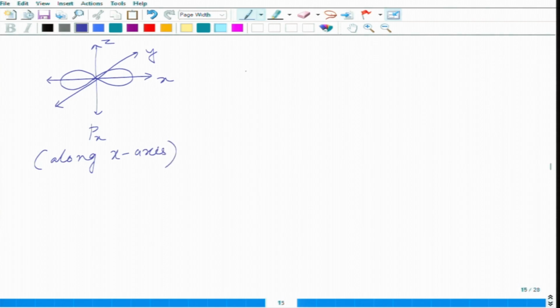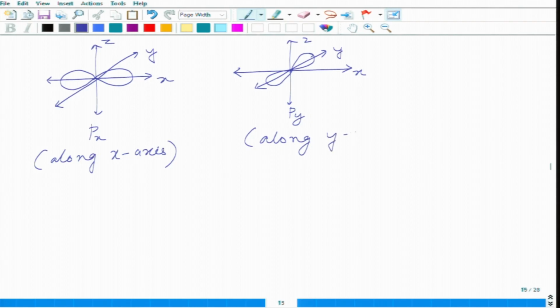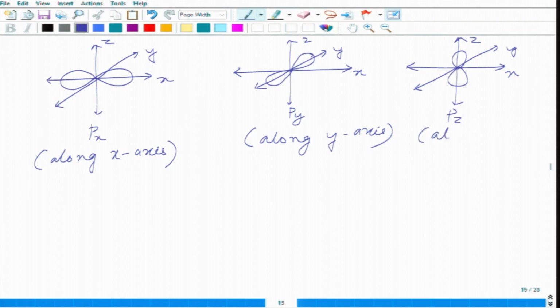Now this is Py along the y-axis, and this is Pz along the z-axis.